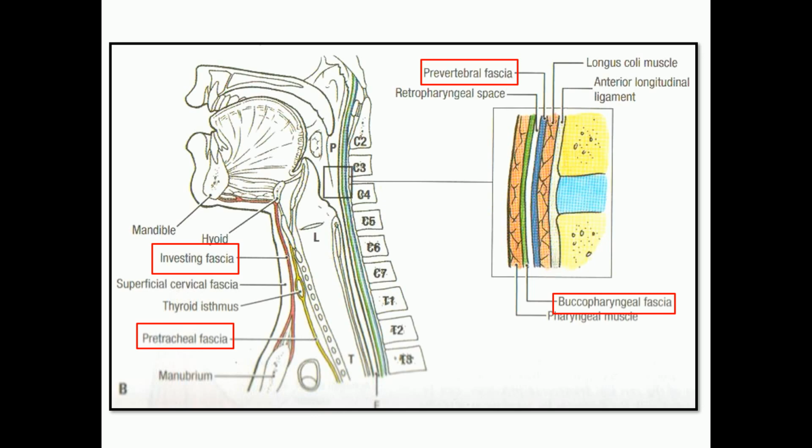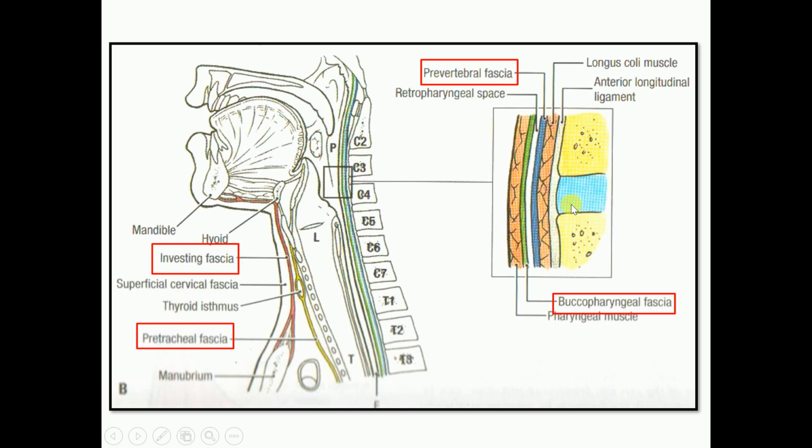Now another extra feature of the prevertebral fascia is that anteriorly this prevertebral layer of deep cervical fascia is separated from the posterior aspect of the pharynx by a potential space called the retropharyngeal space. Between the buccopharyngeal fascia and the prevertebral fascia there is the retropharyngeal space, and this space allows the expansion of the pharynx during swallowing. This retropharyngeal space is continuous with the parapharyngeal space at the side of the pharynx.